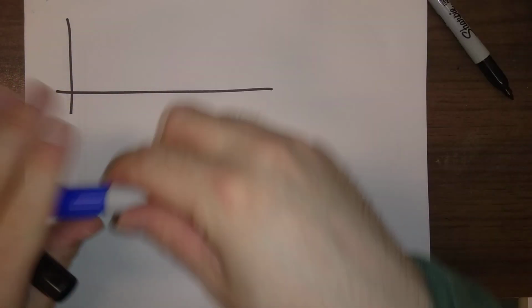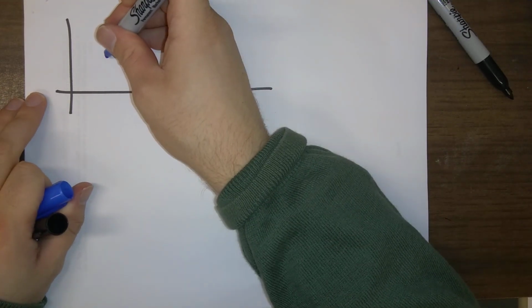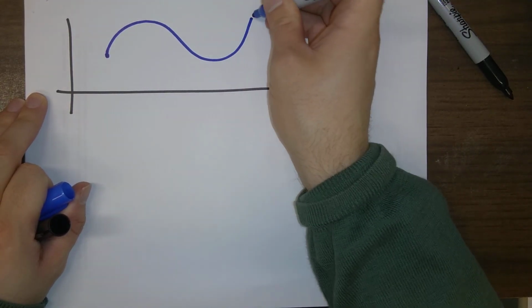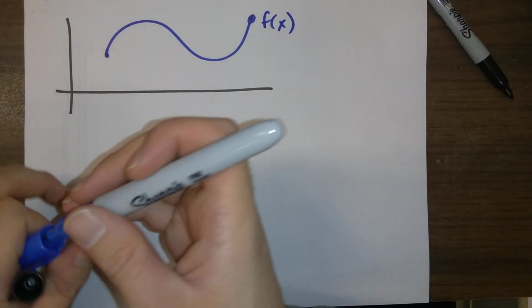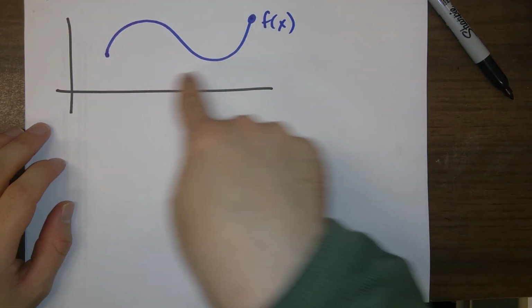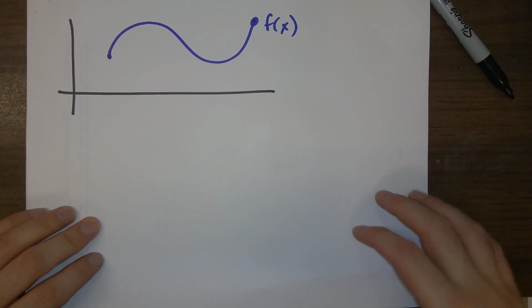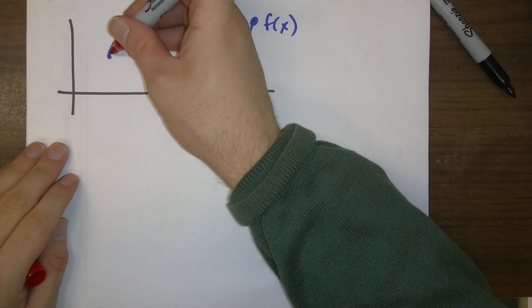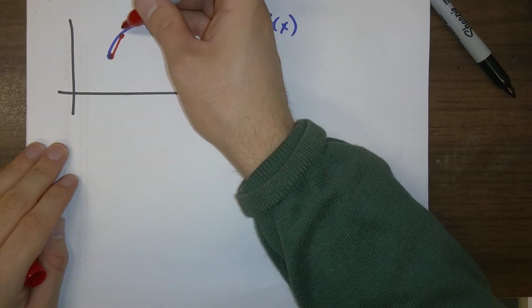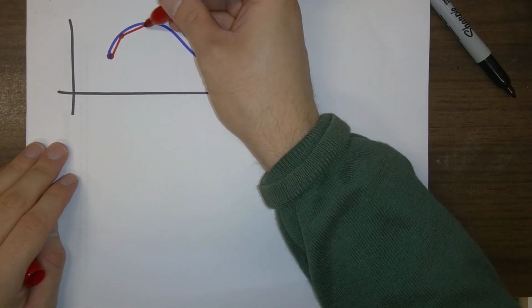So let's get some axes going on here. Here is our function f of x. And the question is, how do we approximate this? One way that we can do this is to approximate it with straight line segments.